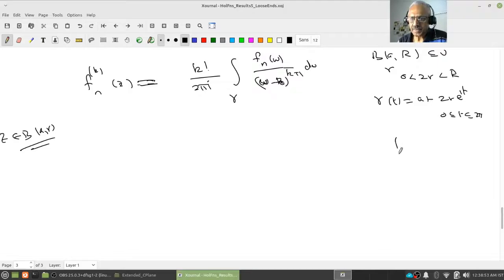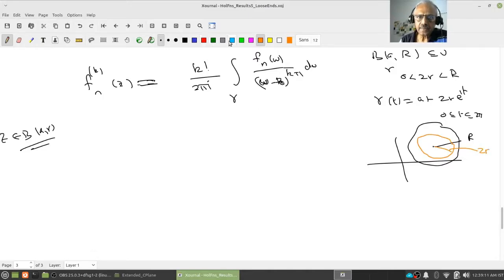Keep the picture in mind. So I have a, and this is my capital R, and this is my 2r, and this is my r. My z is going to be here.